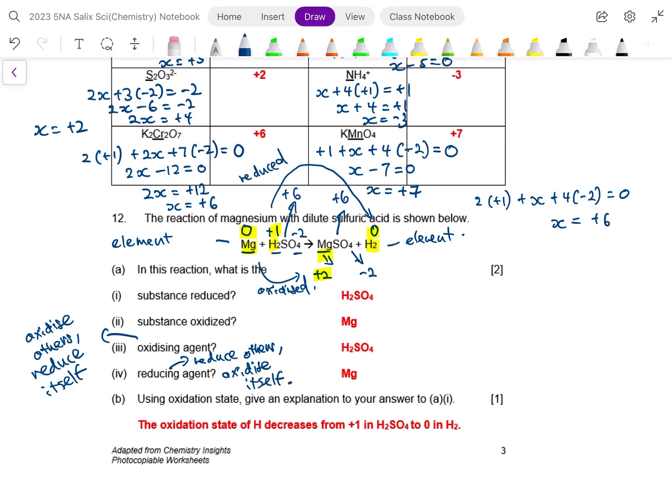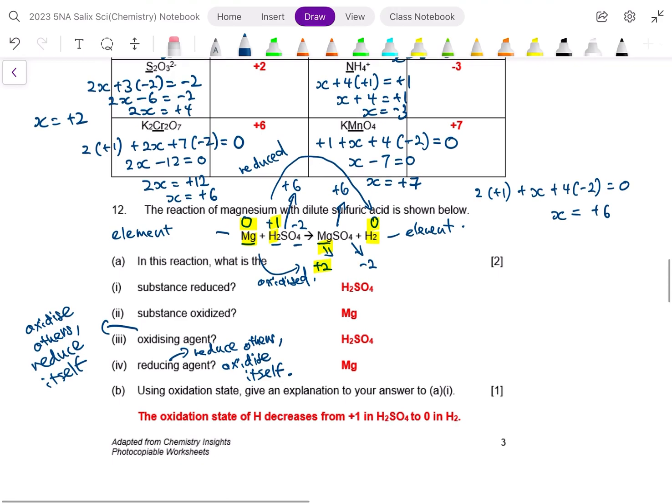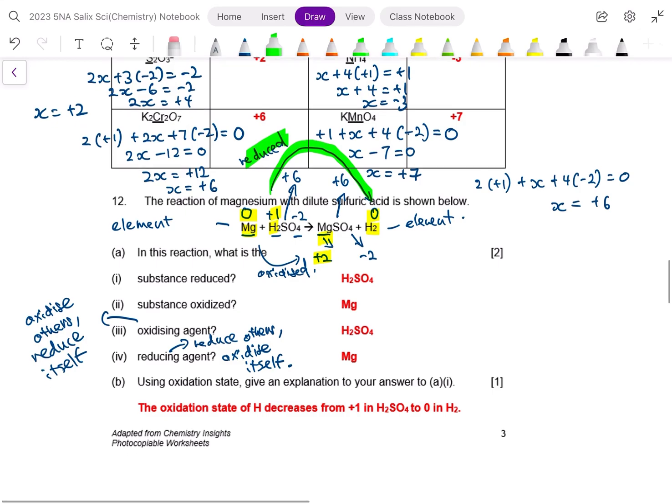So you hunt for the one that oxidizes itself. That means the Mg. And then the one that reduces itself, down here, will be H2SO4.